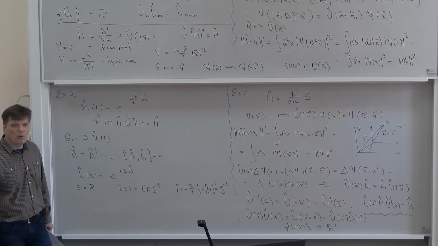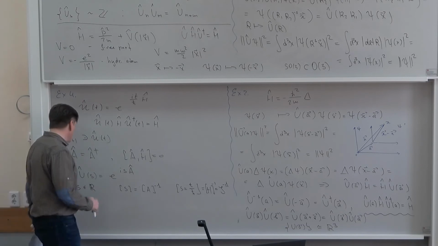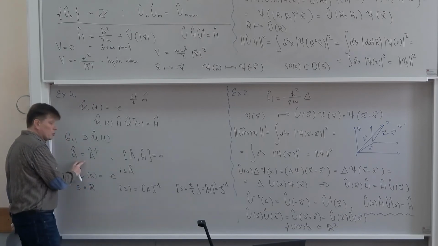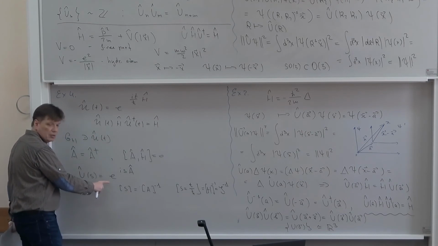Can I ask a question? Yes. Now we consider the transformation which conserves the quantity A. We start with some constant of motion or integral of motion A, and then consider a family of unitary operators which can be defined in this way.